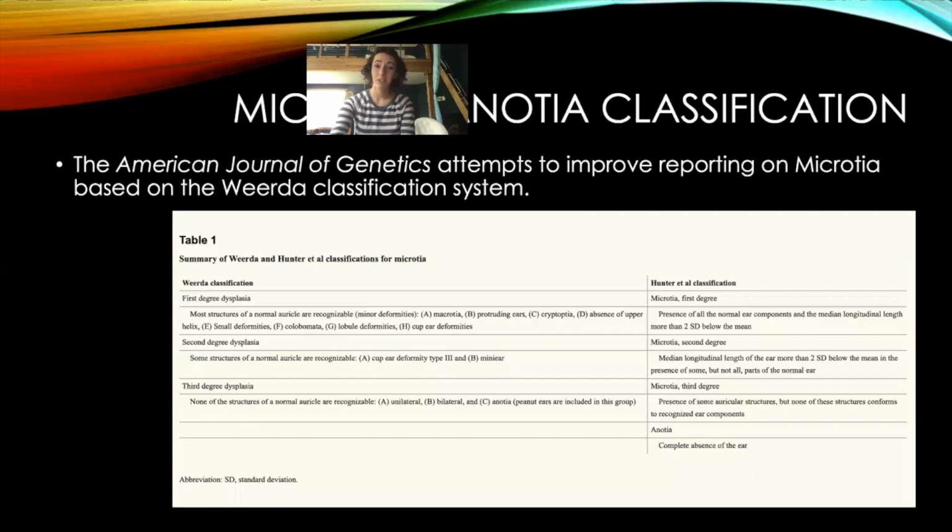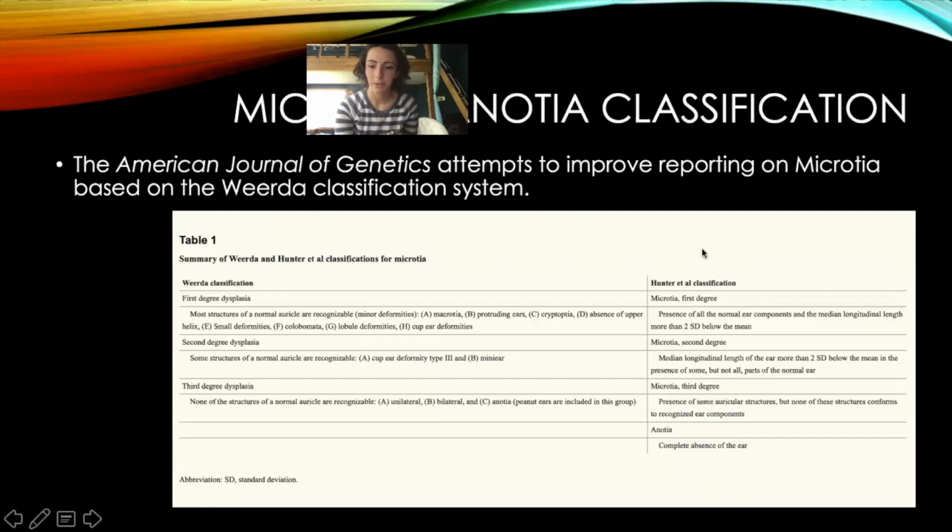It's important. You've already seen that the degree of microtia has a great variety. So the American Journal of Genetics attempted to improve reporting on microtia based on this classification.